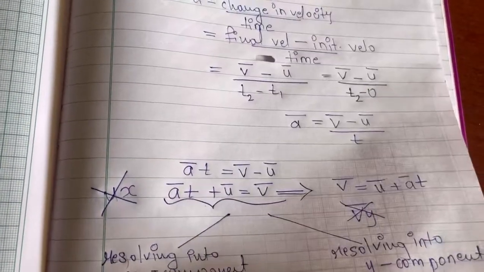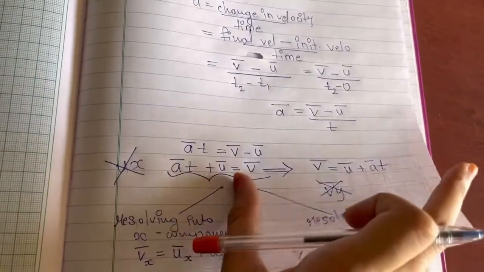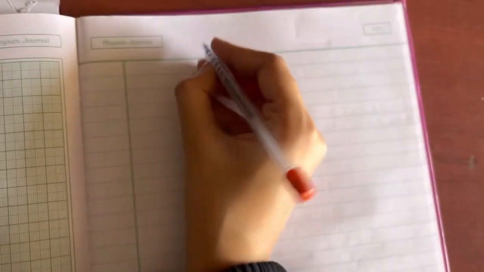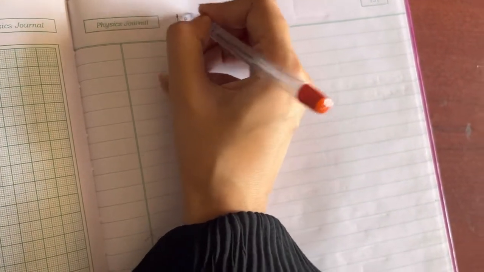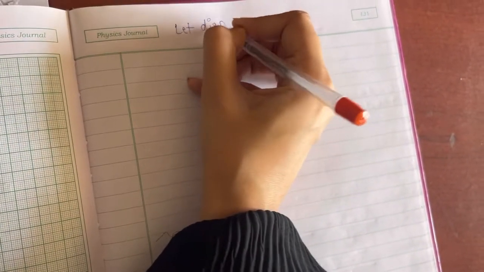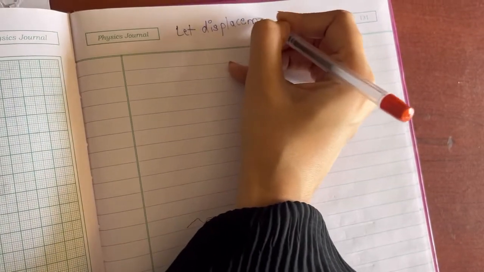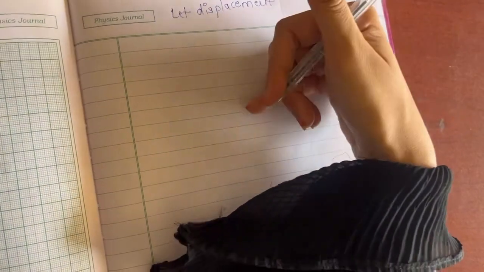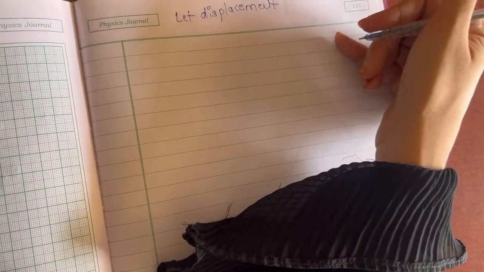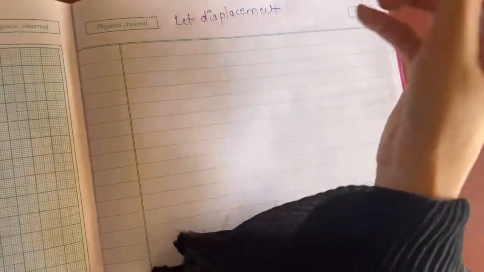Now we'll move to the second equation of motion. Your first equation of motion is done. Let's go to displacement. First I'll have to specify displacement. Here we are working in terms of vector quantity, so instead of distance it is displacement. In scalar form it is distance, in vector form it is displacement.